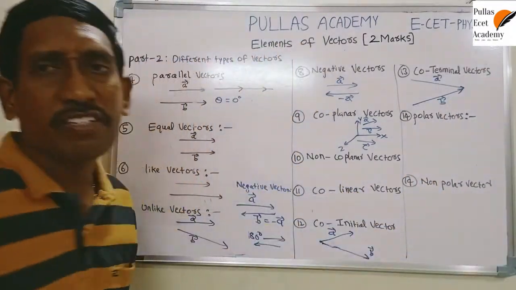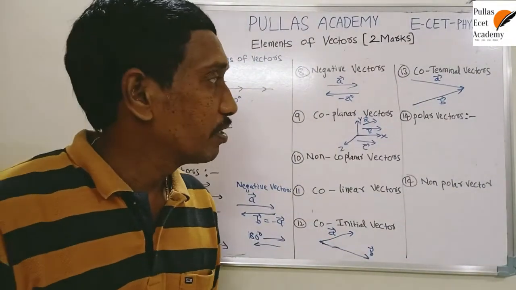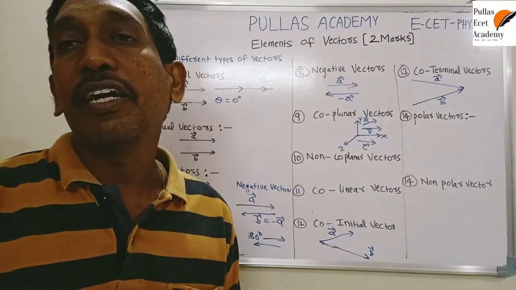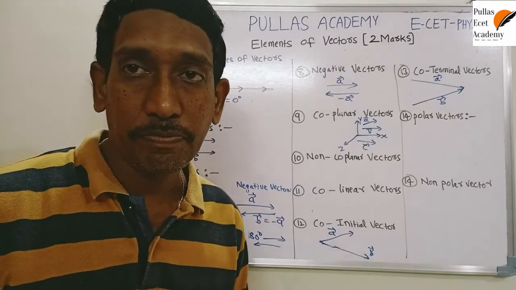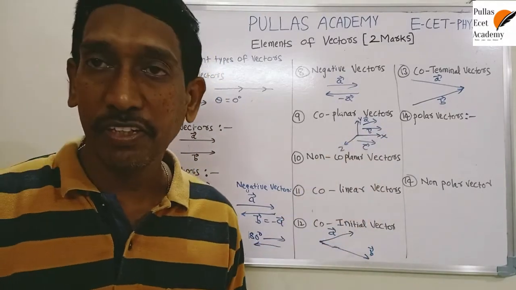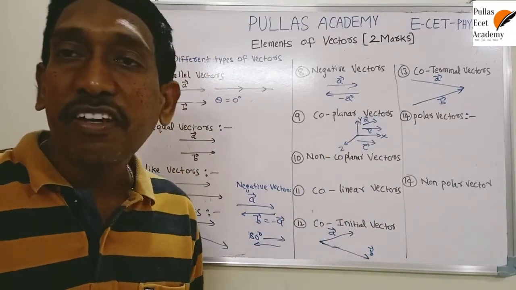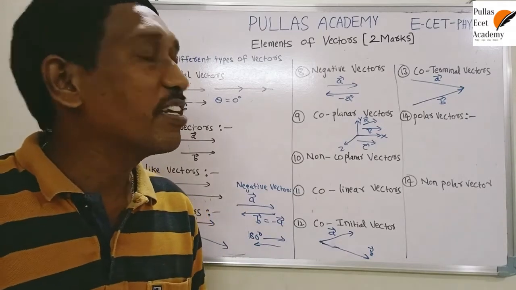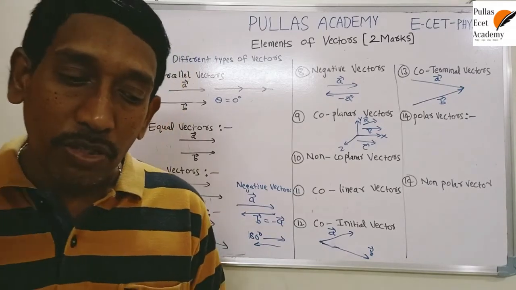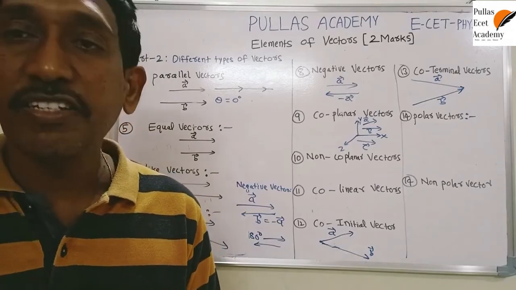Polar vectors are the vectors which are independent of the coordinate system. They are called polar vectors. These polar vectors are also called real vectors, and true vectors.